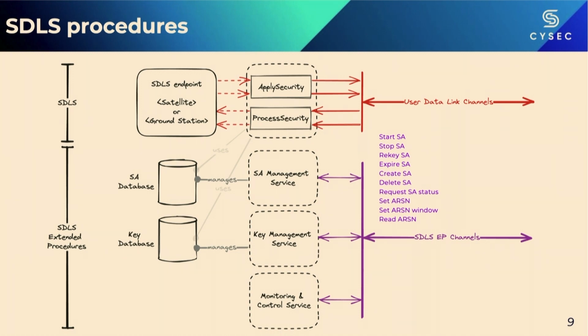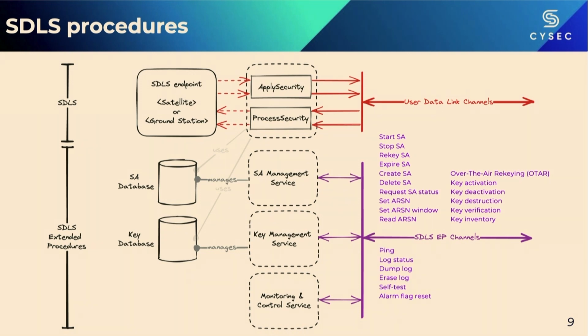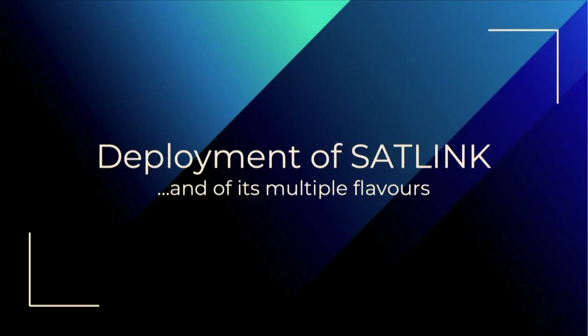Then we have a key management service, which allows us to interact with the key database of an endpoint. When we have operations to do over-the-air rekeying, so upload a new set of keys to a satellite, we can destroy keys, we can verify if they're still valid, and this sort of operation. And finally, we have a monitoring and control service, which allows us to make sure that everything is going well with the secure channel. So that was for the very brief overview of the SDLS standard.